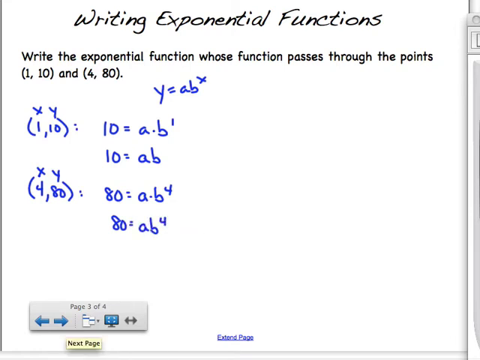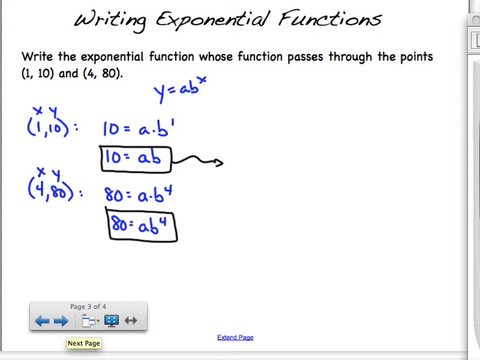Now realistically, I have two forms here. I have 10 equals ab, and I have 80 equals ab to the fourth. Given the fact that I have two variables in two equations, I should be able to solve for one variable in one equation and use the substitution method to plug it into the other. So for sake of ease, I'm going to take this one and solve for one of the variables. Doesn't make any difference which one.